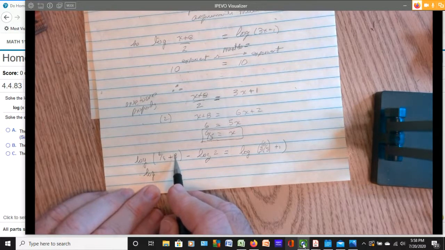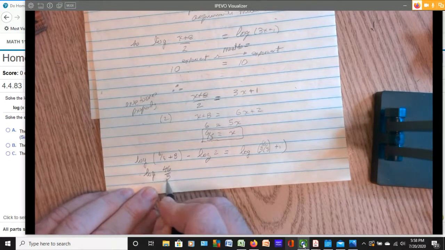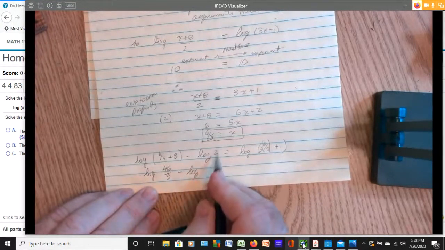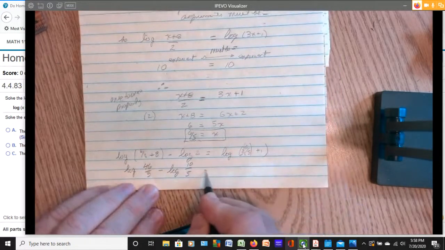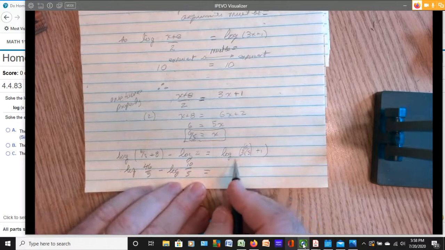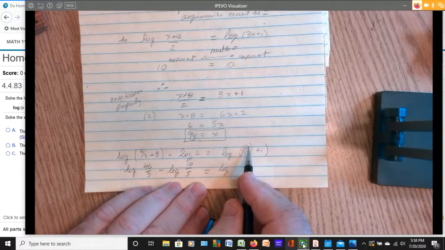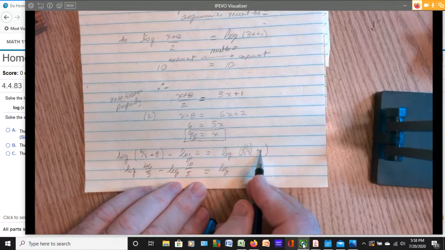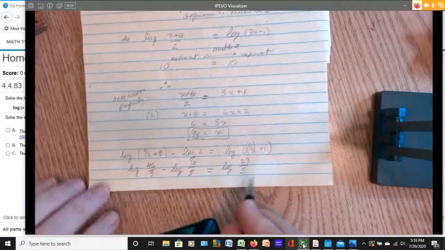Yeah, 40 divided by 5 is 8. 40 fifths plus 6 fifths is 46 fifths, minus, let's get it all on the same fractional denominator, 10 fifths. On the right side, this is going to be the log of 18 fifths plus 5 fifths, so the log of 23 fifths.